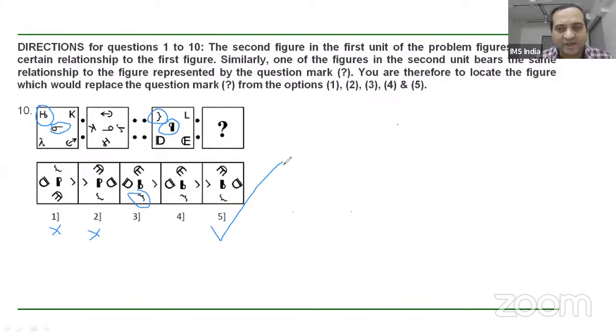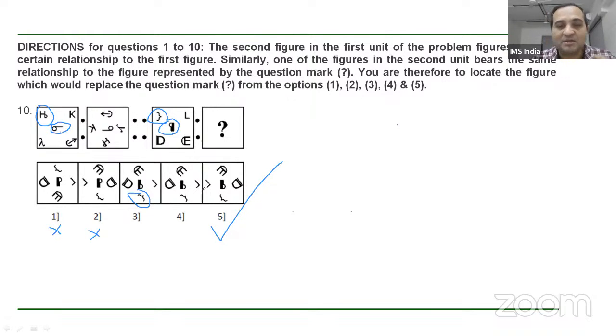Okay, so another thing, if you realize what I was doing is, once I eliminated two options, I was trying to find which figures are different. So if you check, the E was exactly the same. I eliminated, not exactly the same, but E in two figures were the same. Once I eliminated 1 and 2, then I realized that L is also similar. So I look out for elements which are different.